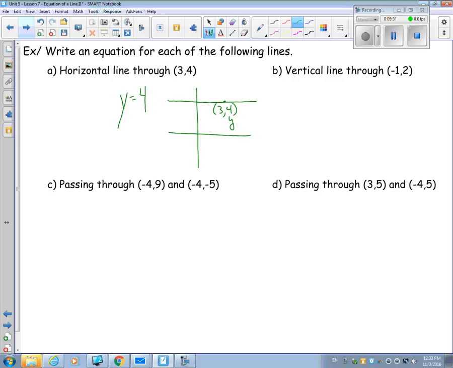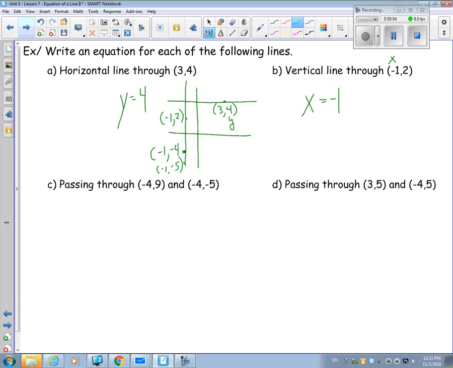Vertical line through (negative 1, 2): okay, so they're x equals. And what's the x value? Well, that's quick. It's negative 1. If that didn't make sense, take a look at the picture. (Negative 1, 2) would be about there. And every point on that line would have a shared x value, right? Negative 1 and negative 4, negative 1 and negative 5, and so on.